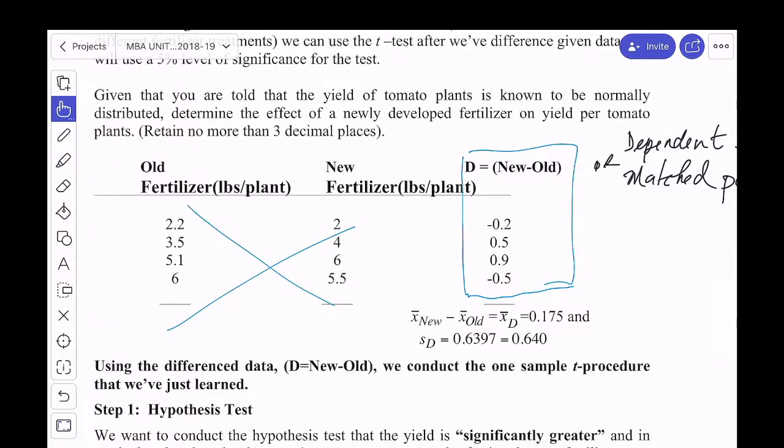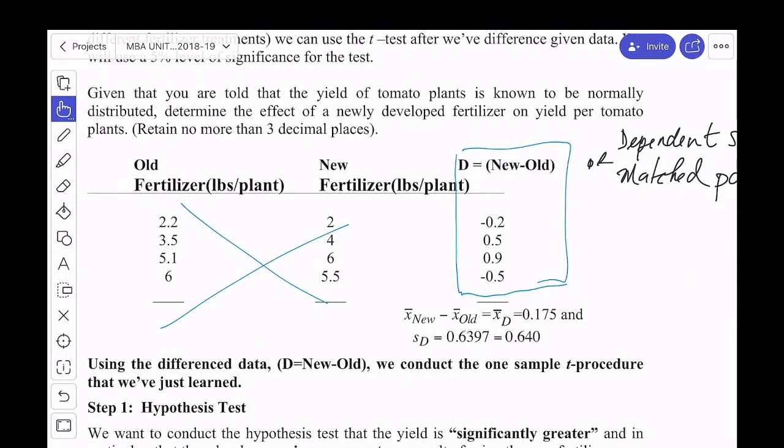So the way that was calculated is I took the new value minus the old value to generate this new sample. And this is the one I analyze as though I'm conducting a t-test, number 6. I have to get the standard deviation, and I have to get the mean. So I could put these in my calculator and do the same thing, mean, standard deviation, and set up the test.